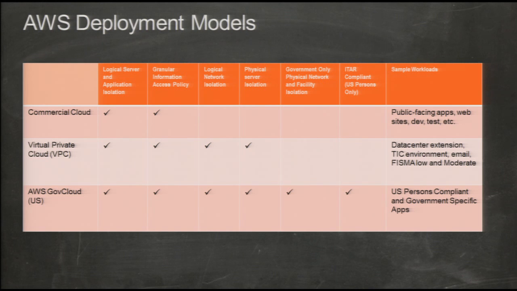We talked a lot about different security controls. You probably know that we've got the commercial cloud that we were talking about here, virtual private cloud, and the US GovCloud that's available on AWS. People often say, what is the difference in the security between them? And the great part for everybody out there is the only difference between what GovCloud has and the rest of our infrastructure is GovCloud is operated by US persons.